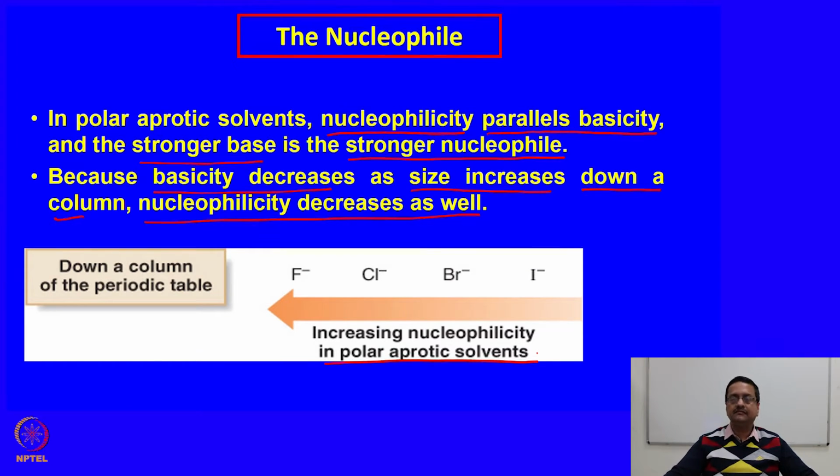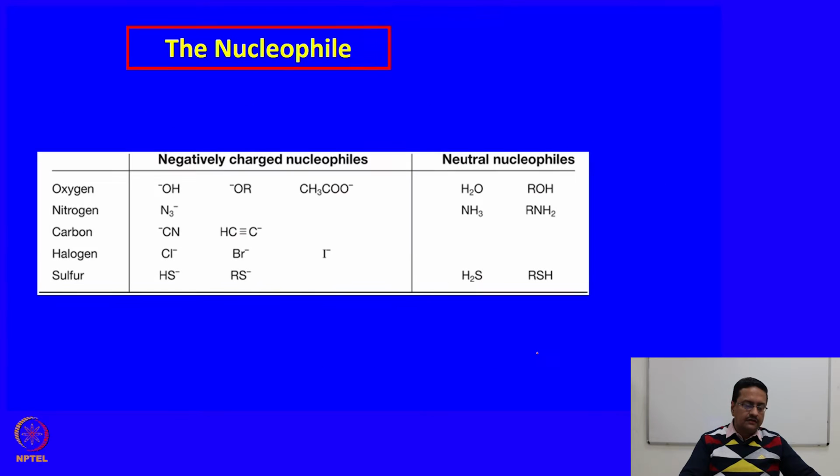These trends will be very necessary when we try to understand what happens when you do an SN1 or SN2 reaction with these different types of nucleophiles. So, when we try to understand what are possible nucleophiles that we may encounter, there are two different types of nucleophiles we can initially think of: the negatively charged nucleophiles and neutral nucleophiles.